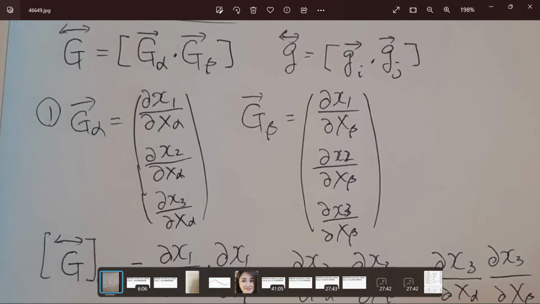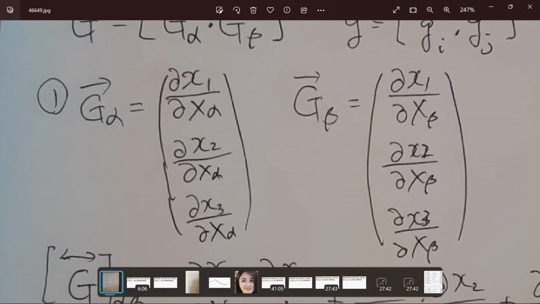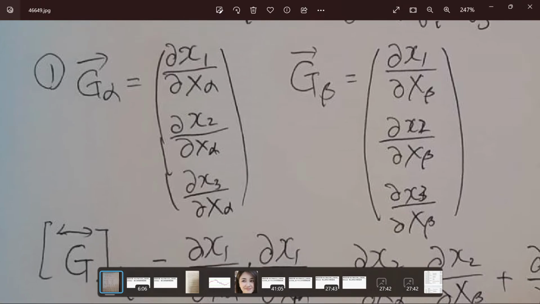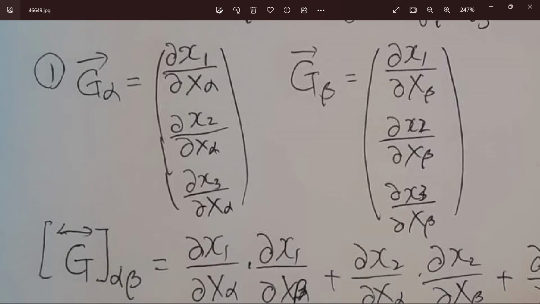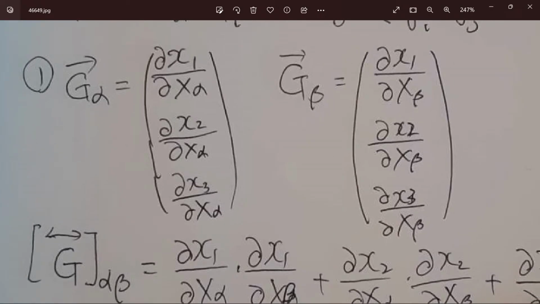Okay, anyway, the G beta vector goes like this. Every component has partial x beta downstairs, but upstairs you have partial small x1, small x2, small x3.